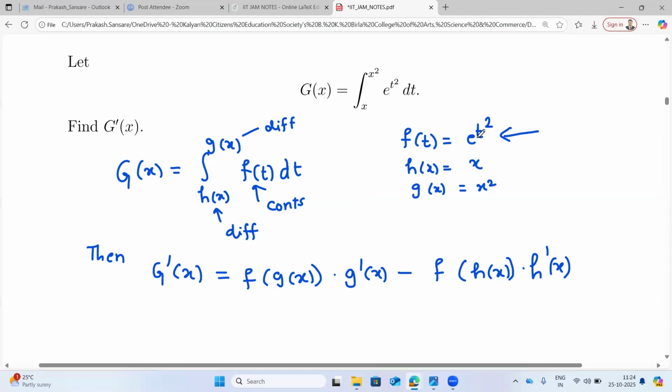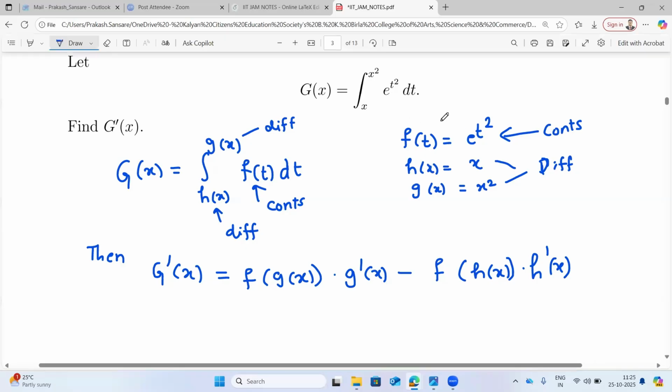These are the trigonometric, exponential, algebraic, constant functions. They all are standard functions, so they are by default continuous. Then x and x square are algebraic functions, so they are differentiable. So the basic hypothesis, continuity and differentiability of small f and h and g, is satisfied.